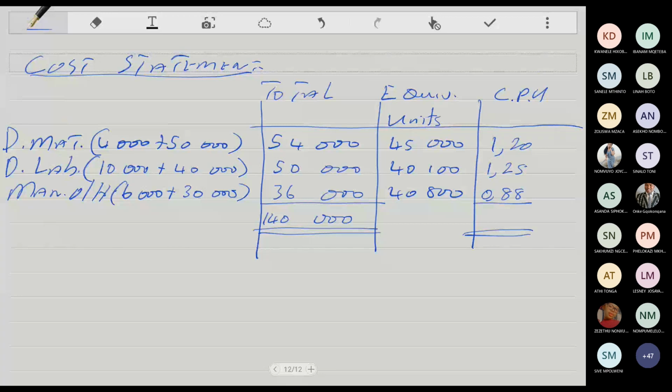Add again the cost per unit: 1.20 plus 1.25 plus the 88 cents. So we've got a total of 3 rand 33. So that's how you draw up your cost statement.